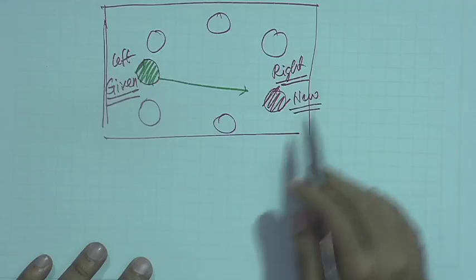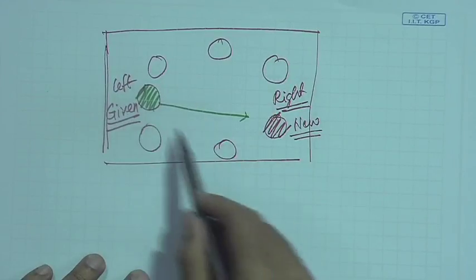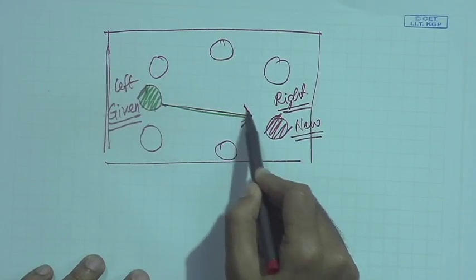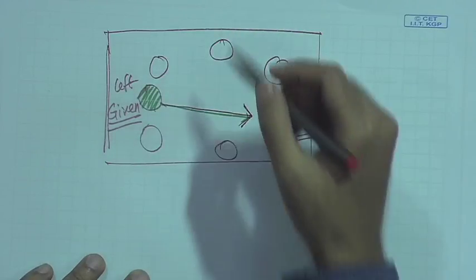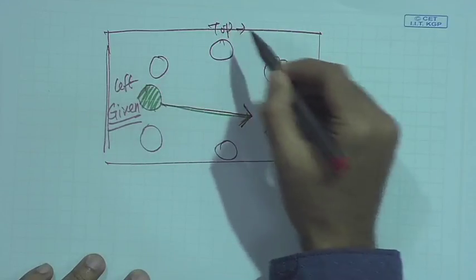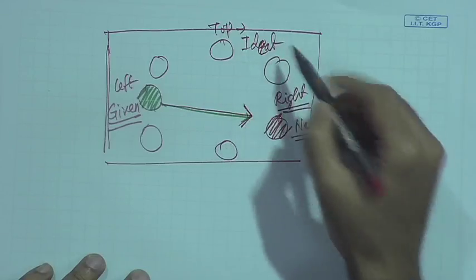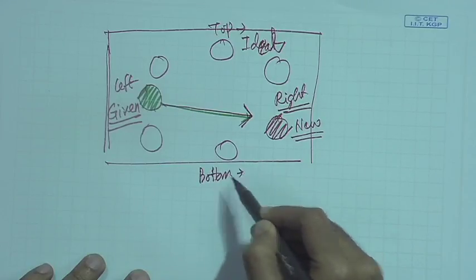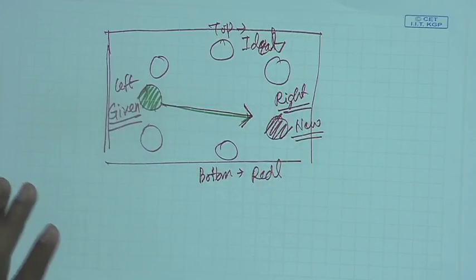So, these are the information content of an image when we look at it. On the left side is the given and on the right side is the new, and hence most of the vectors work in this fashion. Whereas, if we segregate between top and bottom, the top represents most of the time the ideal situation, and the bottom represents the real. So, these are various connotations associated with the information content.